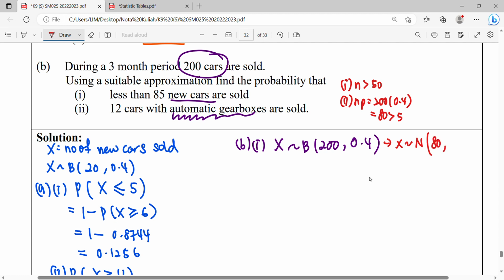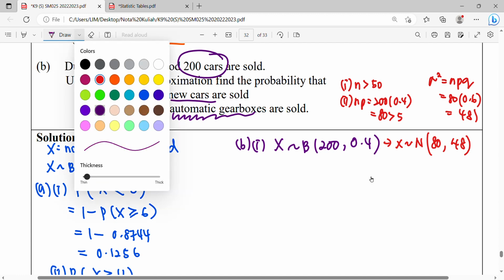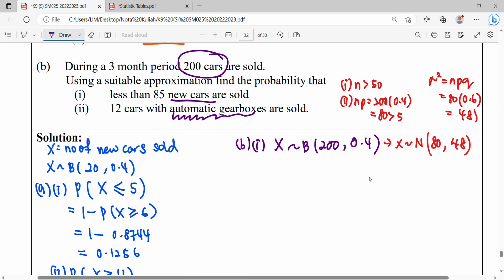What's the variance here? Variance is npq, 80 times 0.6, so 48. Okay, so then come back to the number of new cars here.